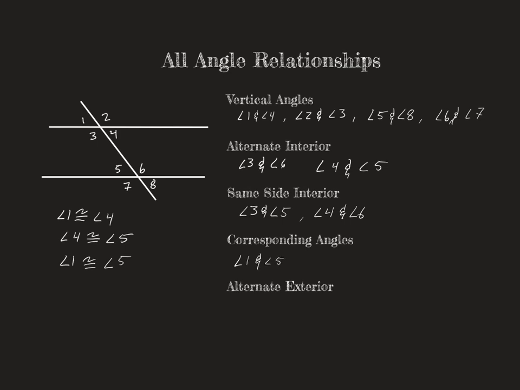You also have angle 2 and angle 6 are going to be corresponding. So this angle right here looks exactly like that one. Now we're also going to put angle 3 and angle 7. And lastly, we're going to put angle 4 and angle 8.